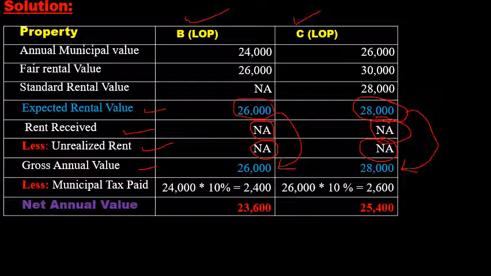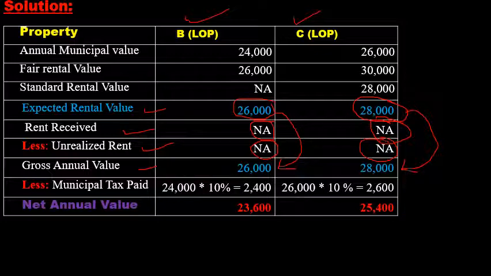Otherwise you can compare expected rent or rent received, whichever is highest, 26,000 or 28,000, or rent received, whichever is highest, the highest is 28,000. So in case of deemed let out property, expected rental value itself is the gross annual value.